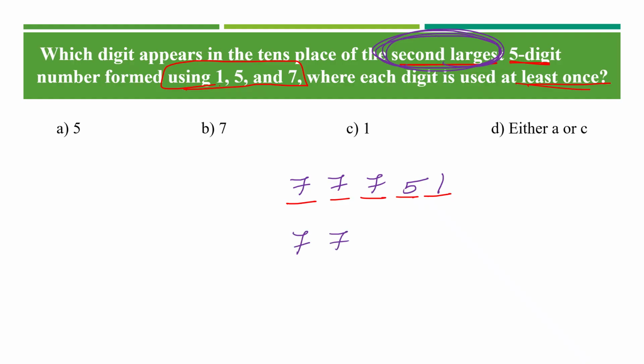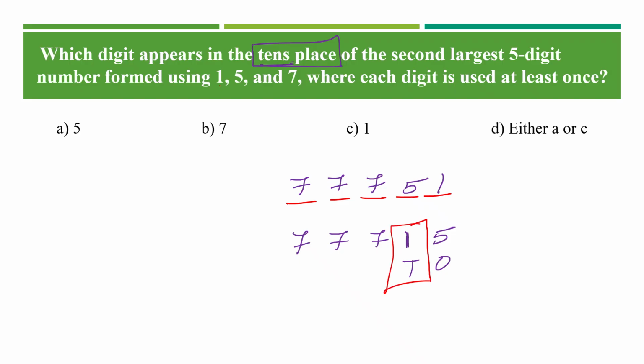So 777, I take 1, 5, the second largest. What's the question? Which digit appears in the tens place? Ones, tens. So it is simple and clear that it's going to be 1.